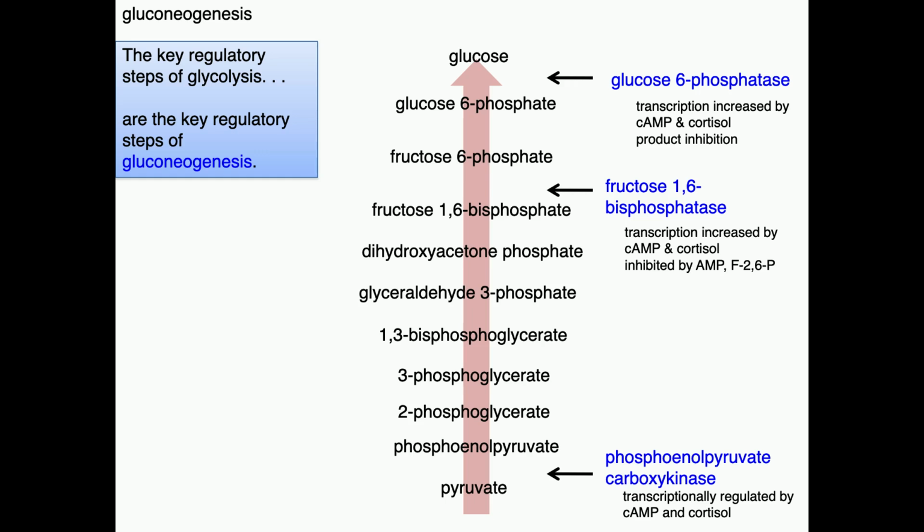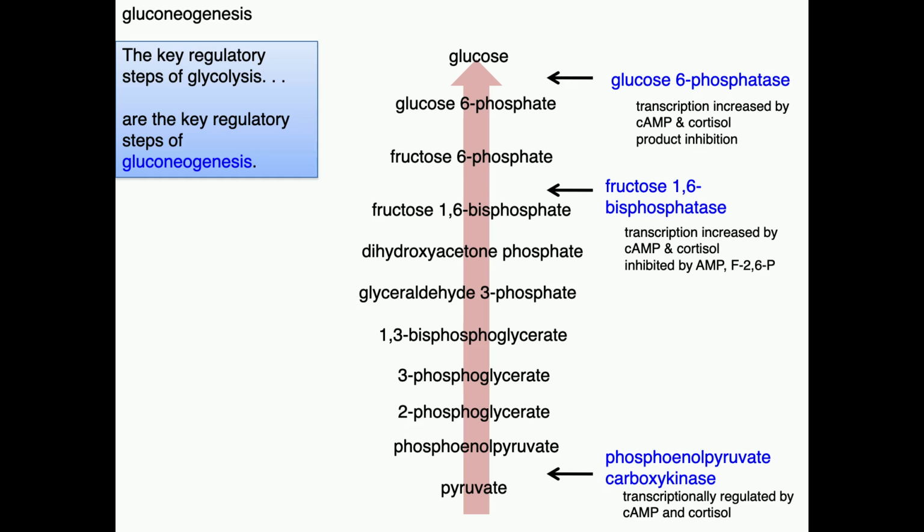The key regulatory step is phosphoenolpyruvate carboxykinase. The major regulation for all of these is transcriptional regulation, both by cortisol and by protein kinase A dependent transcription factors. We also have fructose 1,6-bisphosphatase.